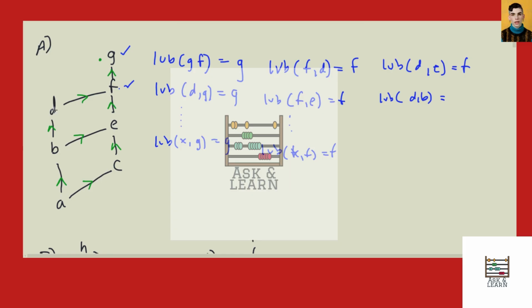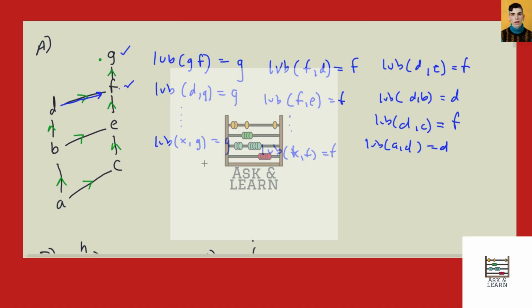Since D is above B, it would just be D. Now, the least upper bound of D and C? Our upper bound is F there, and C is also under F, so that's just going to be F. All right, so that looks good. What about A? With A, that's just going to be D since A feeds into D. So A and D is going to be D.